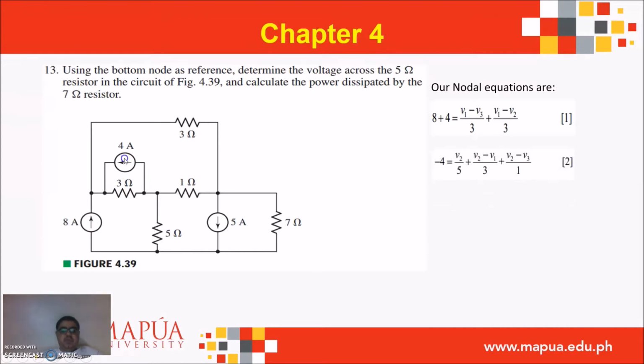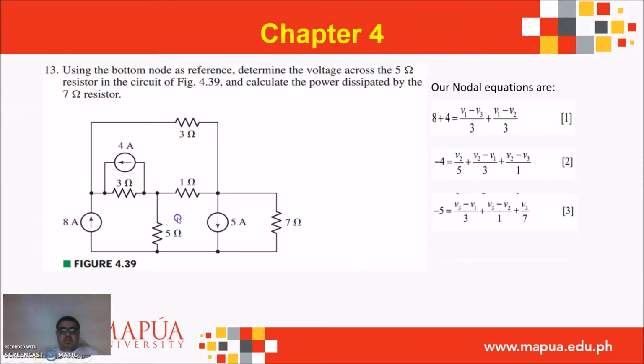The second equation would be negative 4 is equal to V2 over 5 ohms plus V2 minus V1 over 3 ohms plus V2 minus V3 over 1 ohm.